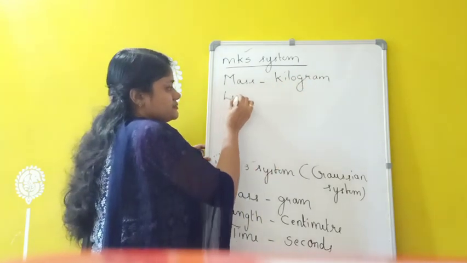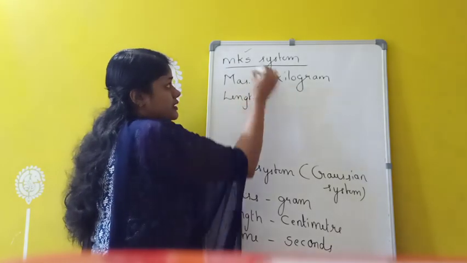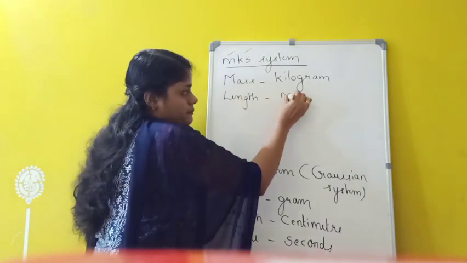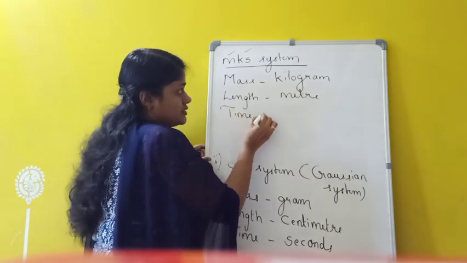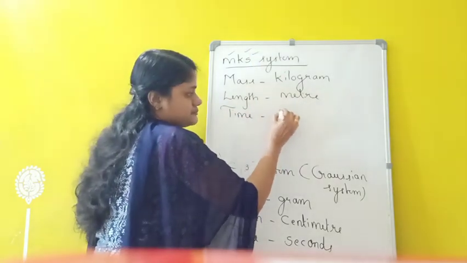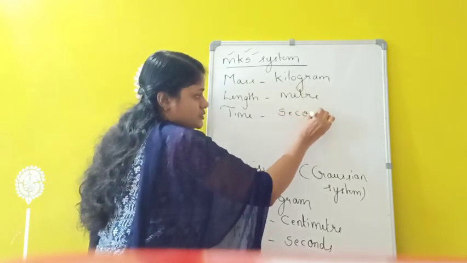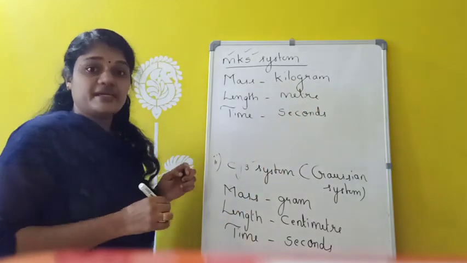Then length, M indicates meter. Then time, S indicates seconds. So these are the units in MKS system.